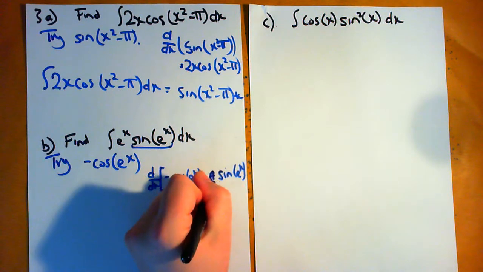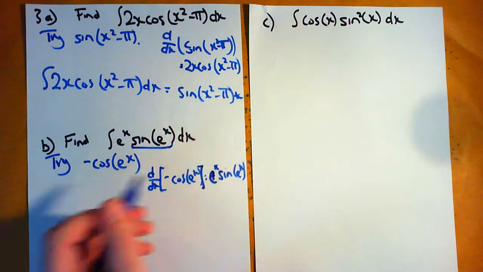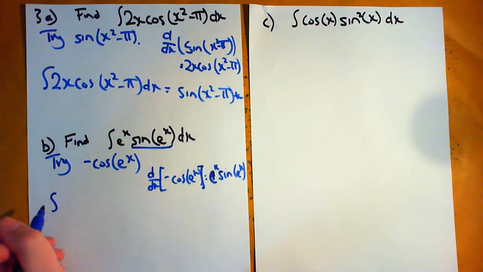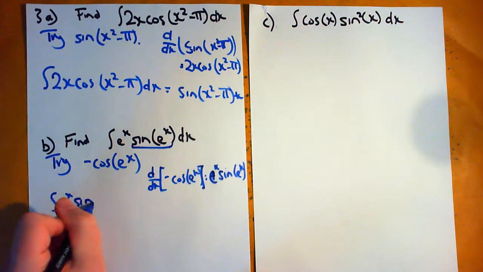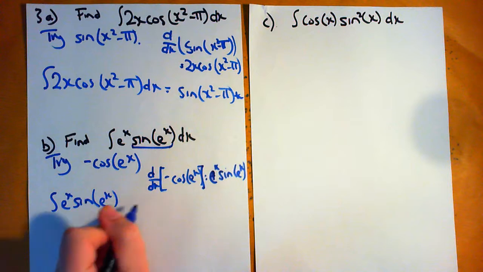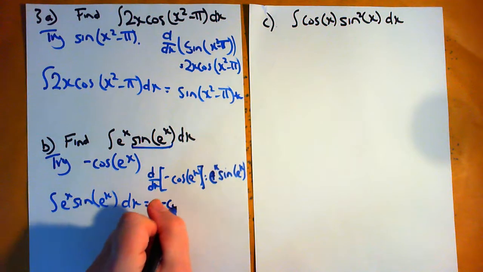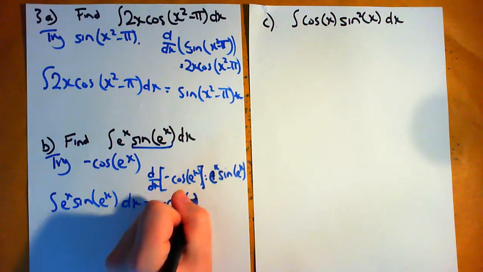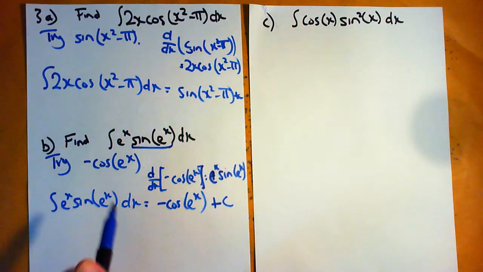So this is going to be plus e to the x times sine of e to the x. So if we reverse the statement, write it as an integral statement, the integral of e to the x times sine of e to the x dx equals negative cosine of e to the x plus your constant.